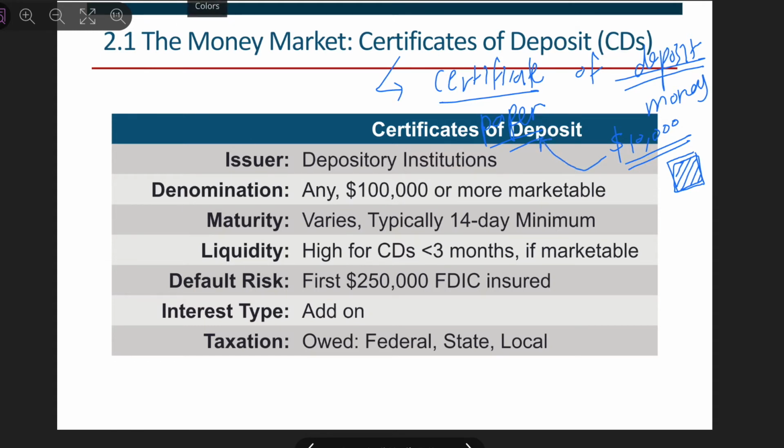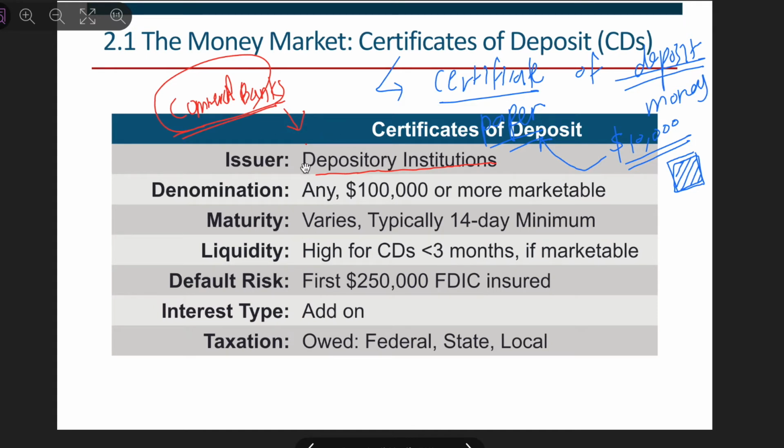So where is it issued from? It's issued from a depository institution, or we have it as commercial banks. So we can have these CDs with the commercial banks, and barring a financial crisis, we're okay with the commercial banks. So we call this very safe, and this has a high liquidity.